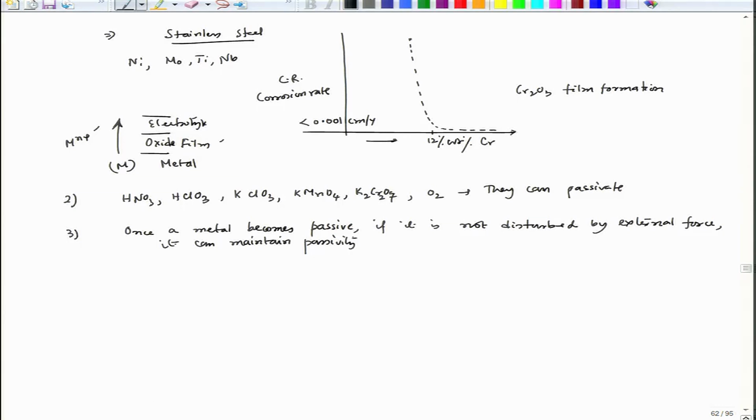So, I mean to say that for example, the classic example is in case of Faraday's experiment, once we dip it in concentrated nitric acid and then we see that the passivation appears, and then we take that particular iron object into a dilute solution, corrosion rate is negligible. So, it maintains passivity, and it will maintain passivity if we do not scratch it.